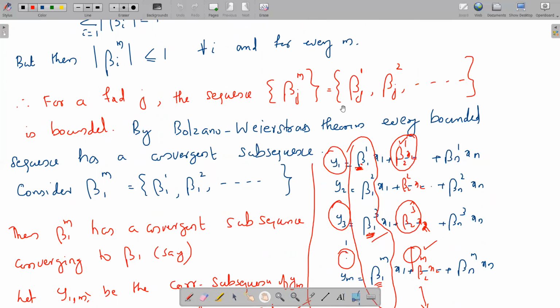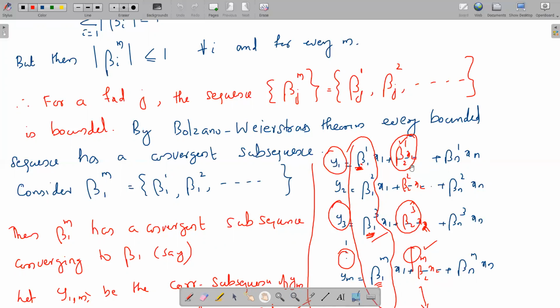If we fix a j, say for example j is equal to 1, the terms are beta 11, beta 12, etc. You see the coefficients of x1 in the sequences y1, y2, y3, etc. So for j equal to 1, this sequence of coefficients of x1 is a bounded sequence.